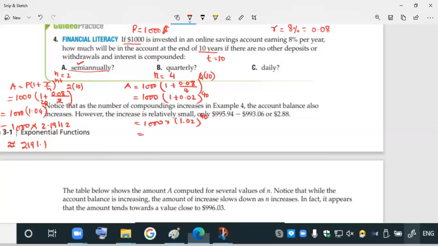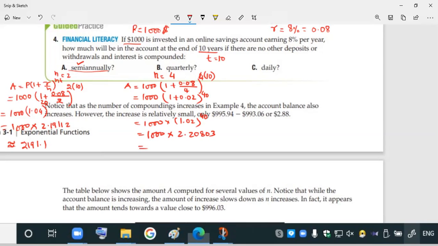Calculate by the calculator. 1.02 raised to power 40 is equal to 2.20803, right up to 6 decimals, and then multiply.